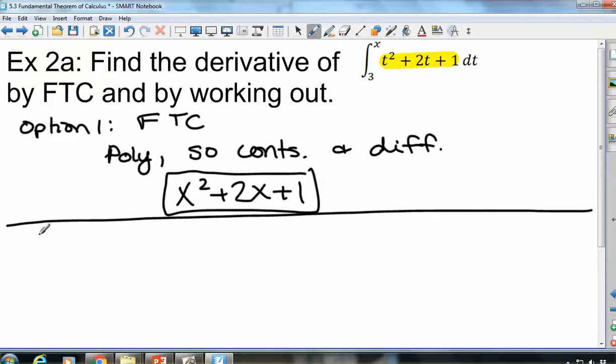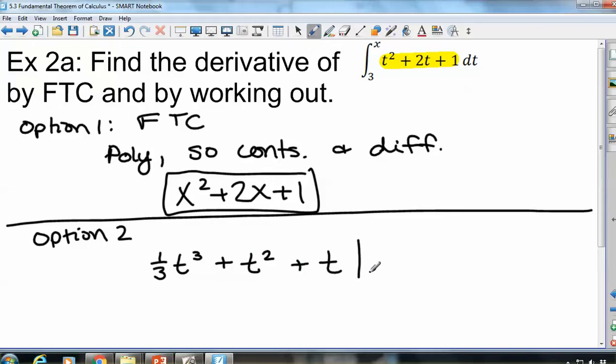Now, to show you why that works, let's actually work it out. If I wanted the derivative of this integral, first I would have to actually do the antiderivative, wouldn't I? So if I wanted the antiderivative, t squared would go to 1/3 t cubed. 2t would go to t squared.